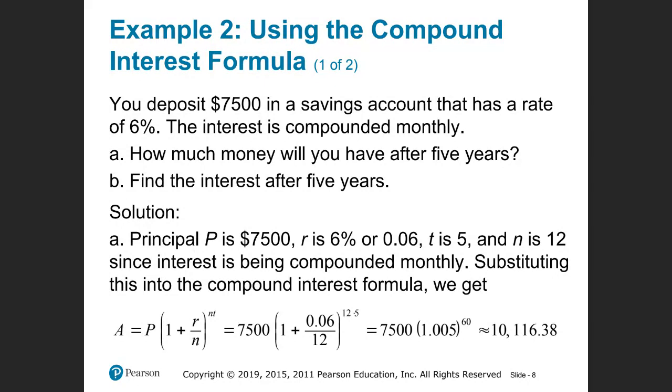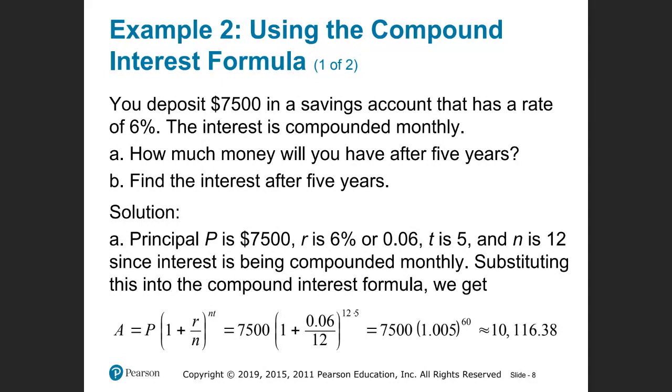NT is going to be the exponent that we're raising, but is inside the parentheses too. So we have N is 12, T is 5, that gives us 60. So again, we start with what is inside the parentheses. We would divide 0.06 by 12 and add 1.